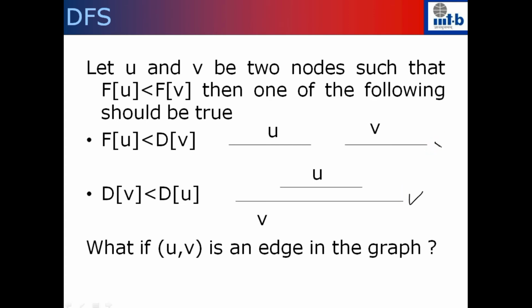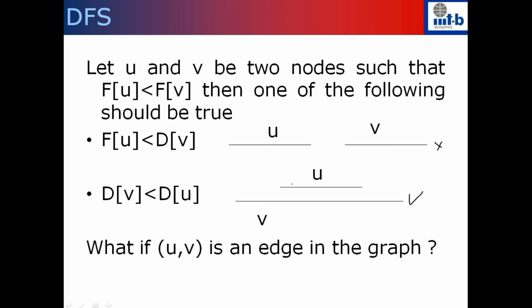This is not possible in this case, because if you push the vertex u, then when you look at the adjacent vertices of u, v will be there. So you will end up pushing v. Once you push u, you will also end up pushing v into the stack, because u comma v is an edge.